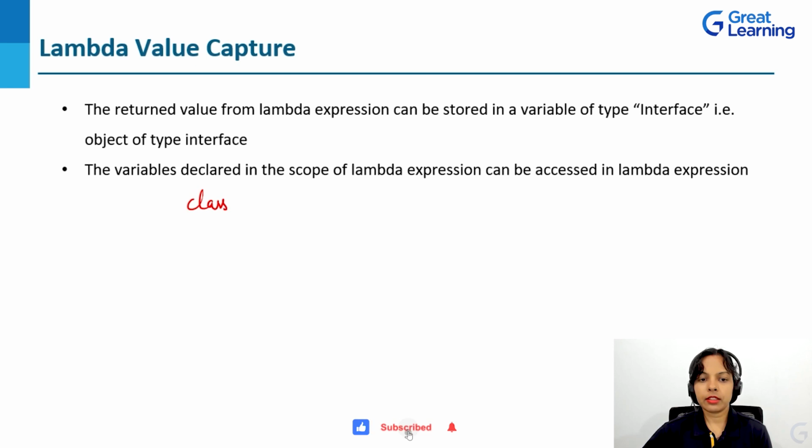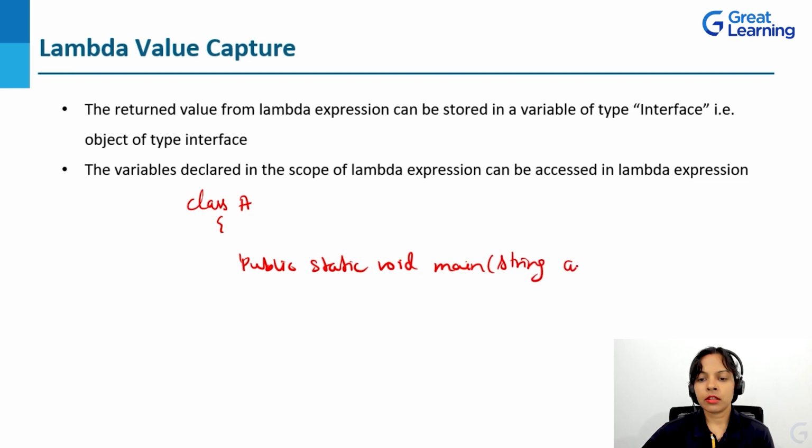Suppose I defined a class A here, and inside this class, there is a public static void main method, public static void main string args. Now, inside this, I'm making use of Lambda expression. Suppose there is some interface.